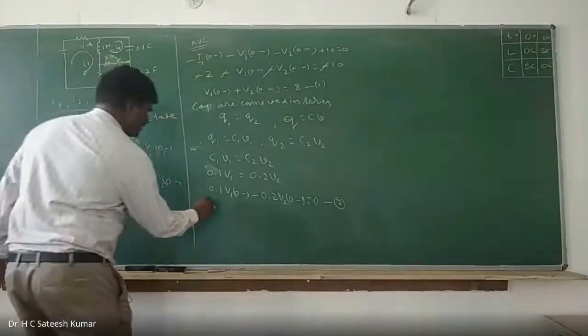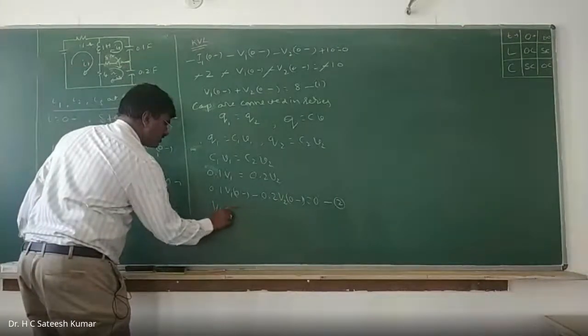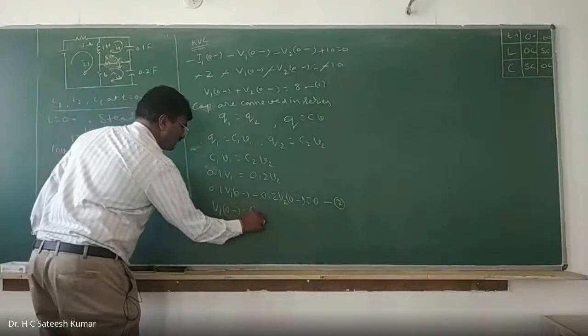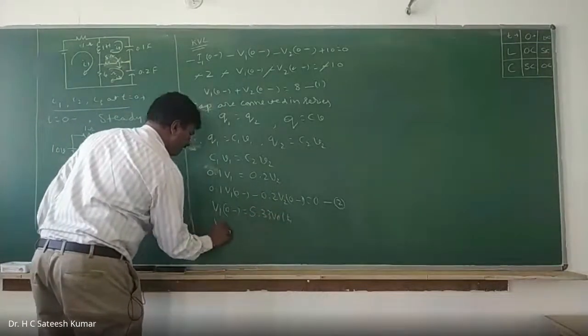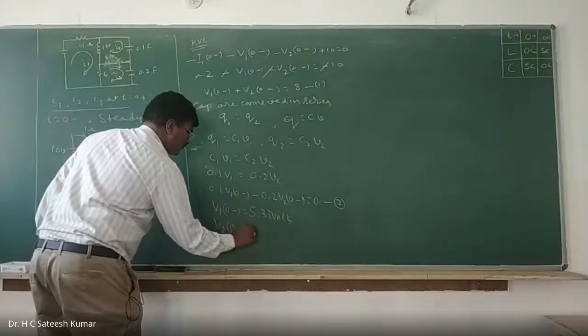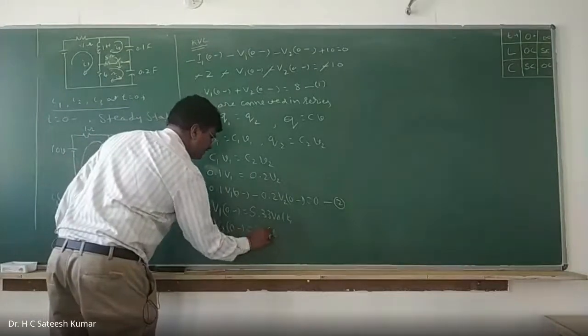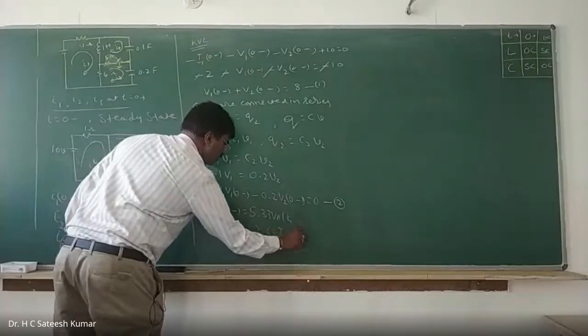V1 0 minus is 5.33 volts, and V2 0 minus is 2.667 volts you will get.